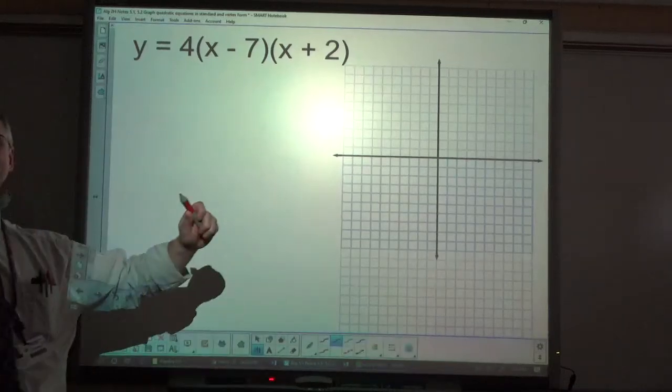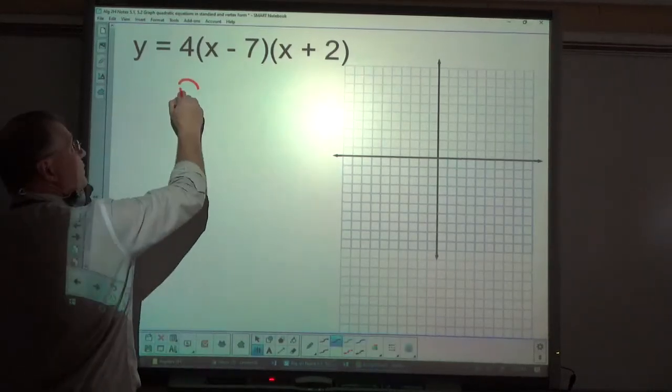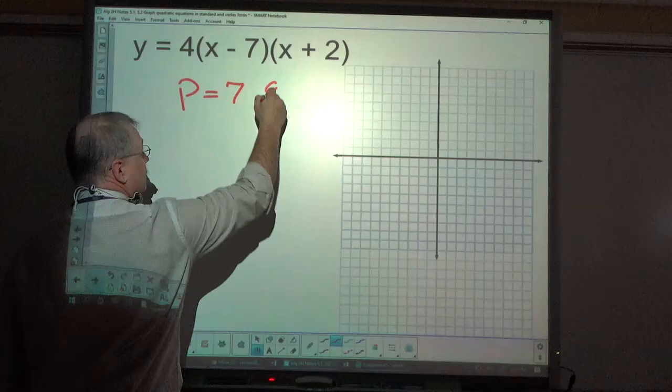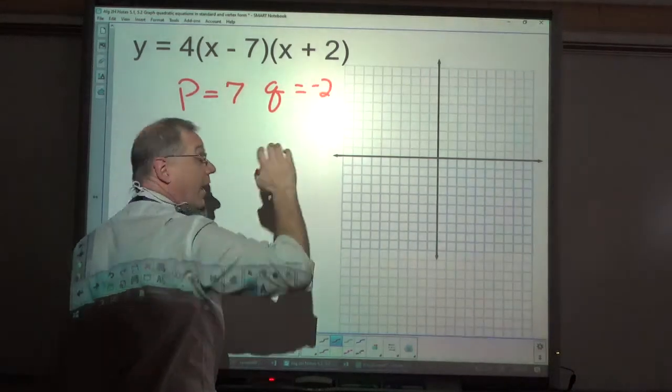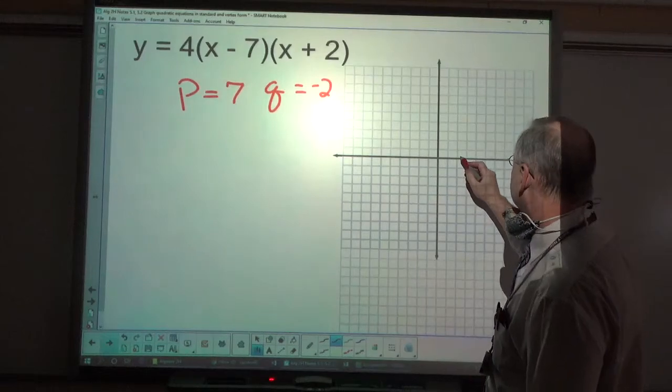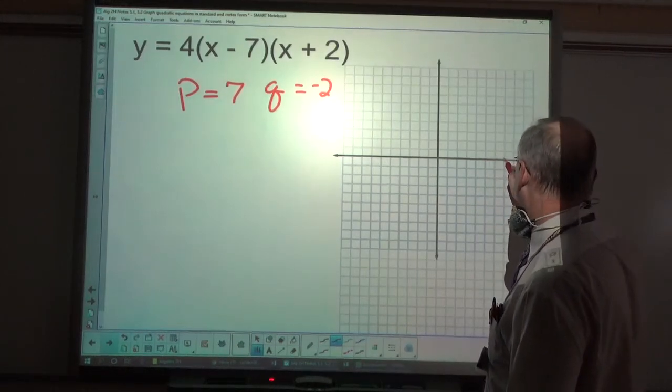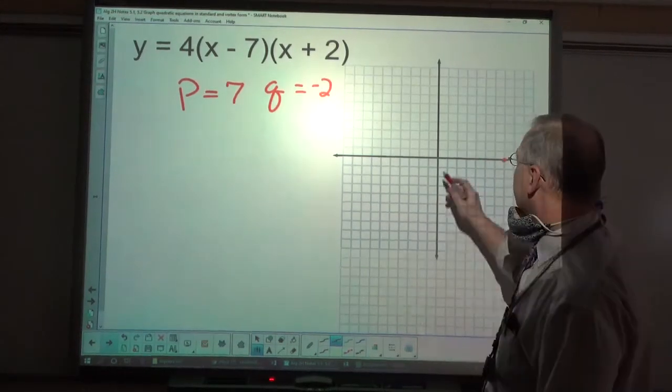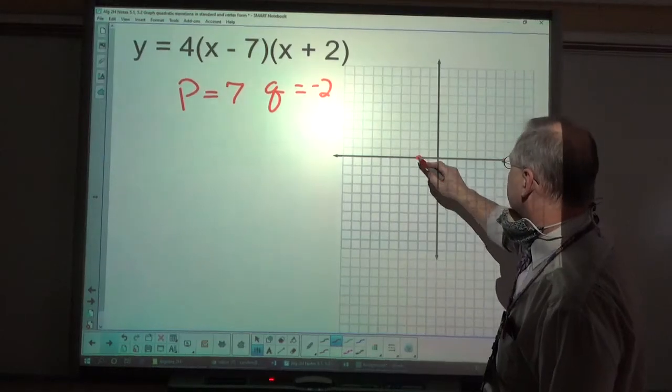Now, before I even start, P is going to be 7, Q is going to be -2. I can actually plot those points right away. 1, 2, 3, 4, 5, 6, 7. There's the intercept. -1, 2. There's the intercept.